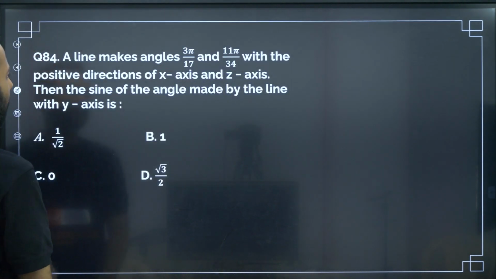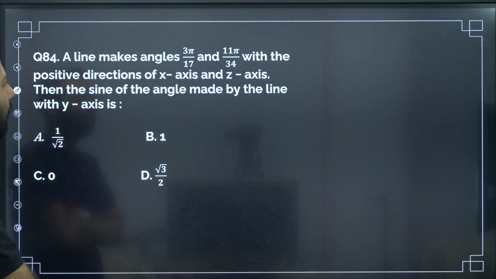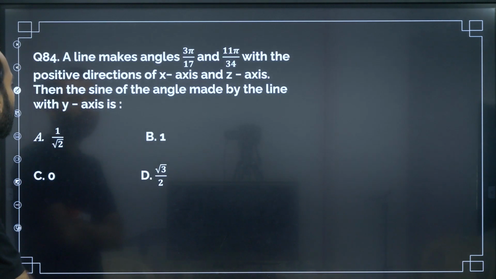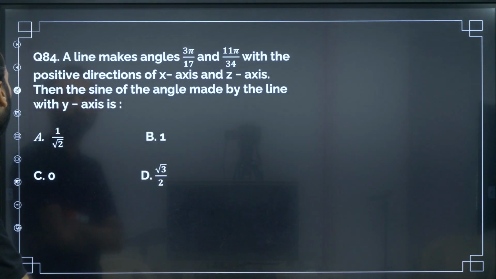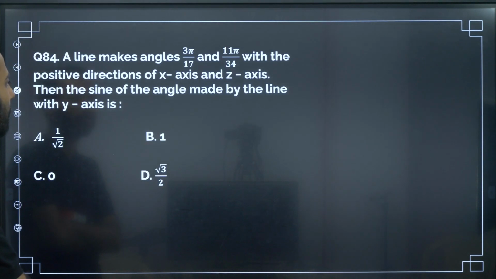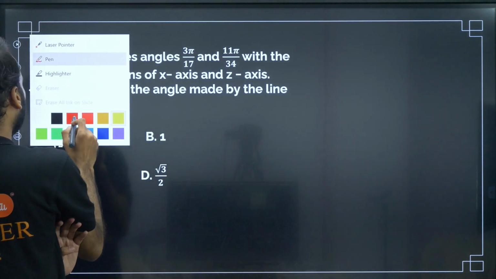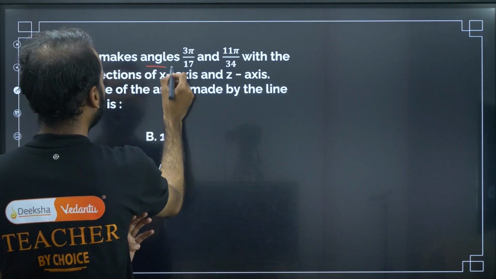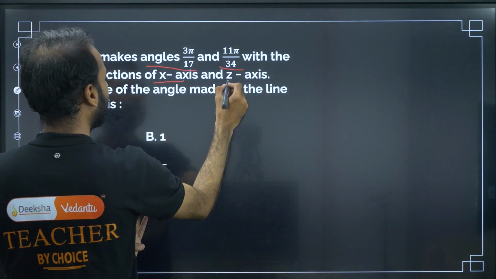A line makes angles 3 pi by 17 and 11 pi by 34, some angle they have given, with positive directions of x-axis and z-axis. Then the sine of angle made by the line with y-axis is, there is one line which makes some angle with x-axis and z-axis.